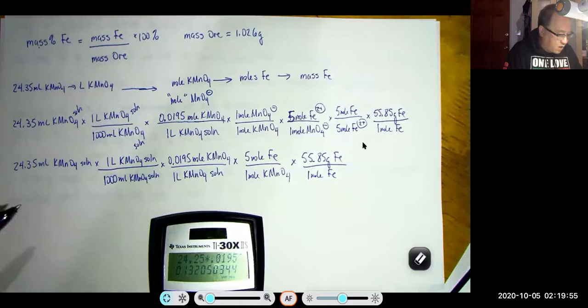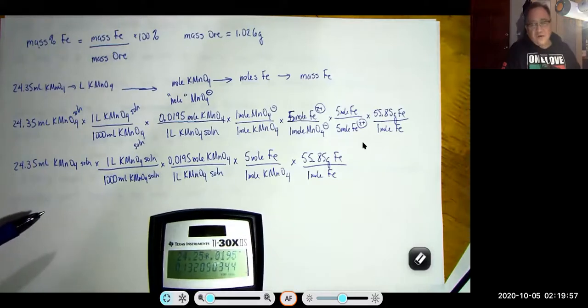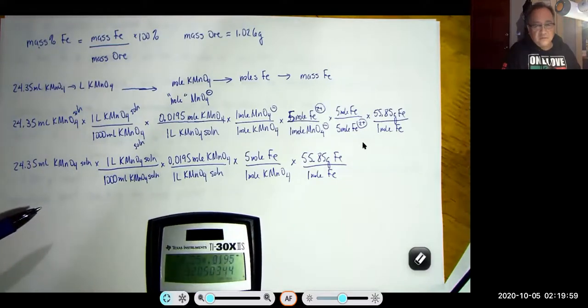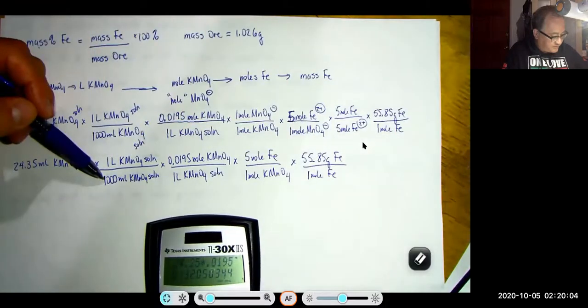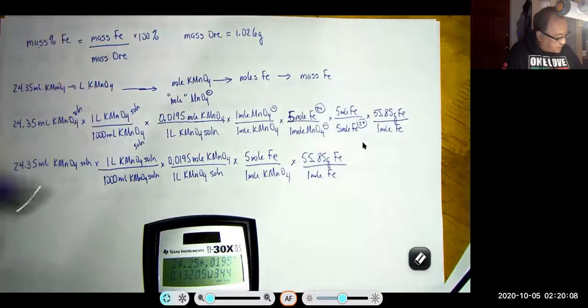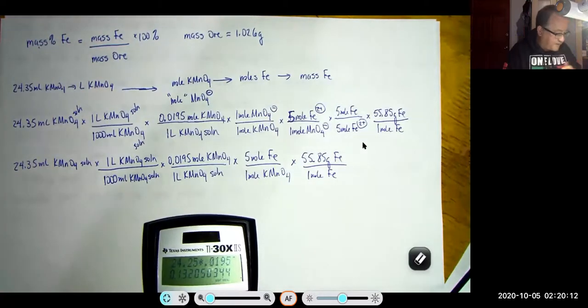Where did I go wrong? Oh, I know where. No, I don't. This will go into that 20 times. 5 will go into 24 times. 4 will go into that 6. 6 times 0.0195.